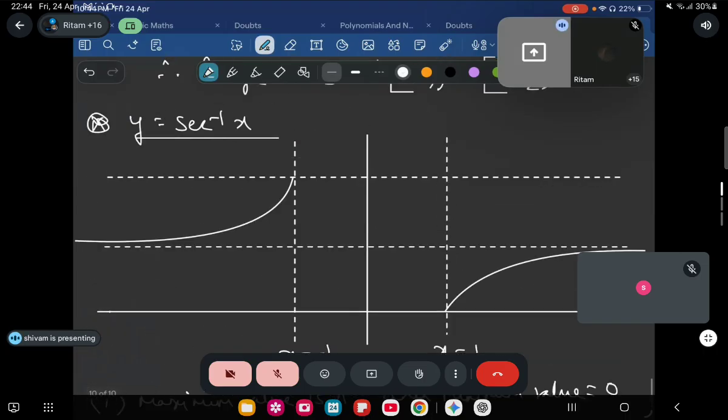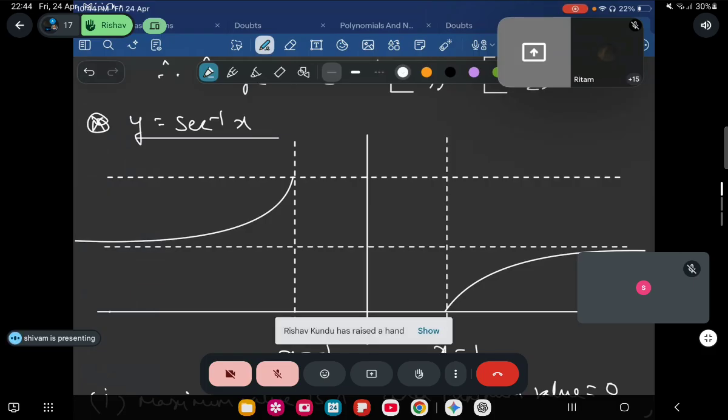Next, number 4. Is it odd or even? What do you think? Is this function odd or even? Tell me. Raise your hand. Yes, only Rishabh is raising the hand. Yes, Rishabh, tell me.